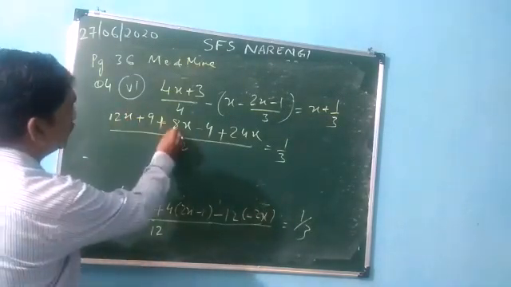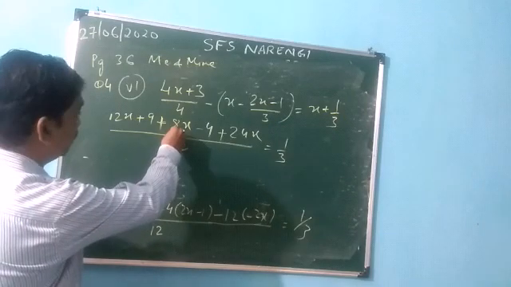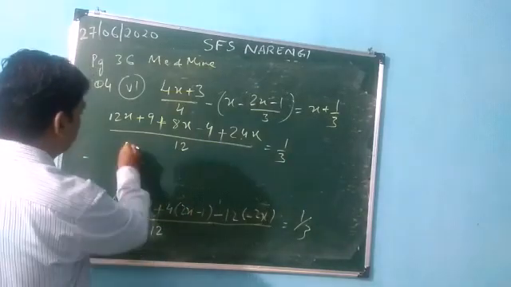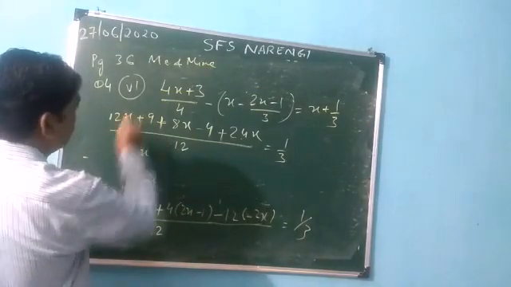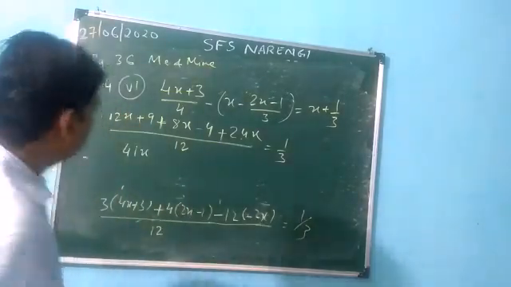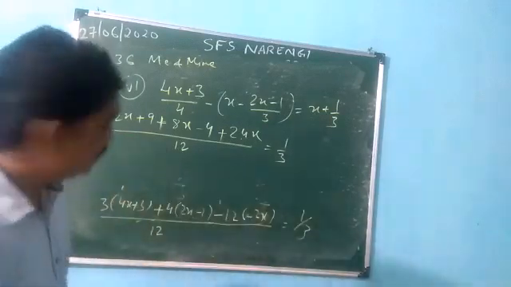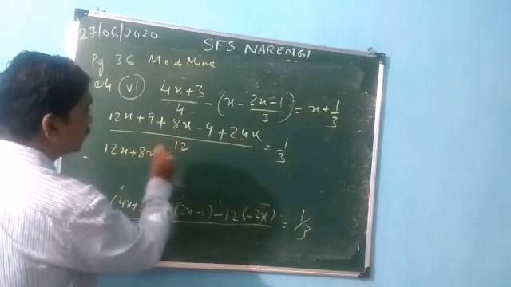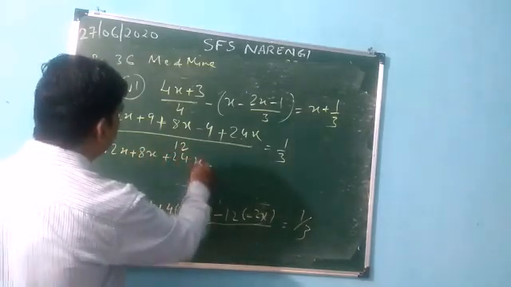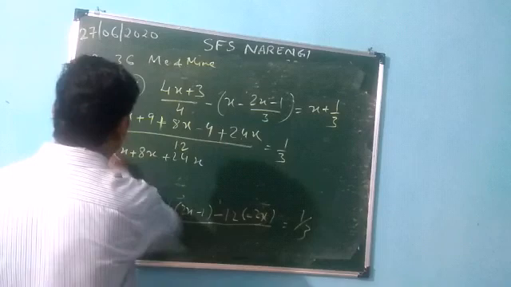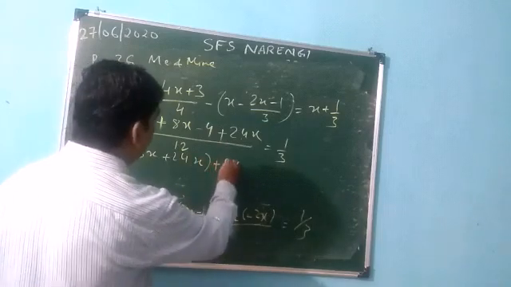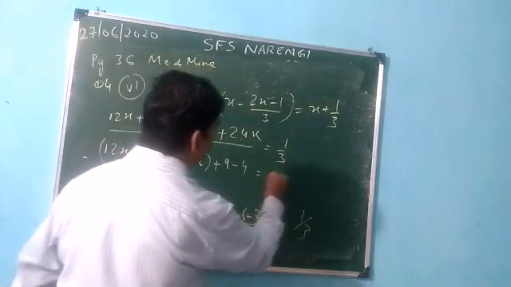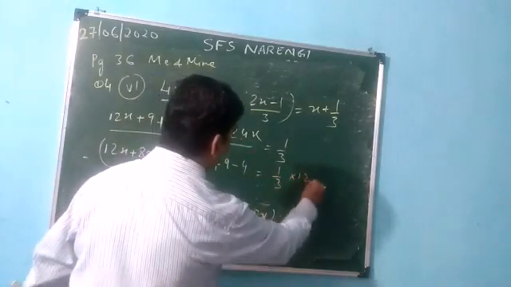Now 12x plus 8x plus 24x, that is 44x. Actually we are supposed to bring it together, but since the space is less, it is 12x plus 8x plus 24x, then plus 9 minus 4. This is all our x. Plus 9 minus 4, and this 12 will multiply here, 1/3 into 12.